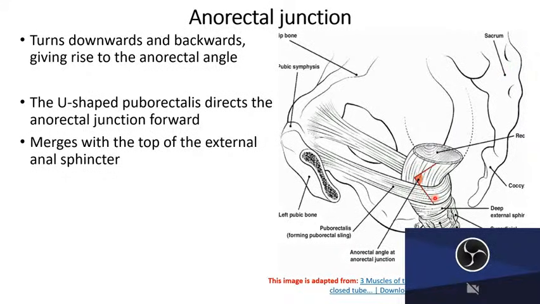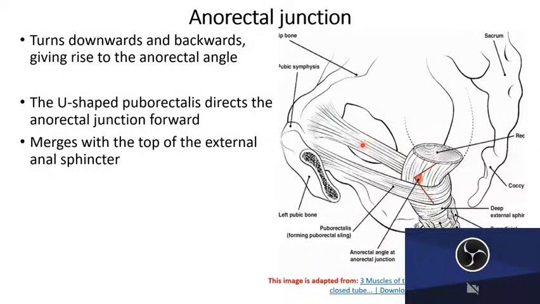Now, if you remember our lecture on the pelvic wall and the pelvic floor, we dealt extensively with the muscles that make up the pelvic diaphragm, the floor of the pelvis. Basically there are two: we have the levator ani, and we also have the coccygeus, which is also called the ischiococcygeus.